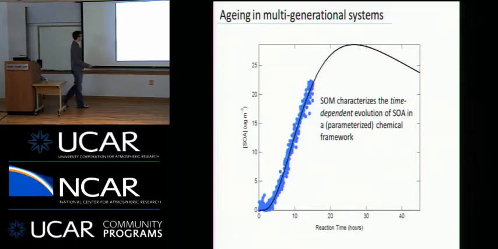What we're looking at here is that I took my best fit to dodecane, and I just kept running it at the same OH level for longer and longer. You notice this turnover in the concentration eventually. That's because you're actually chewing up the gas phase. You're slowly chewing things up, turning it into CO2 eventually downstream.